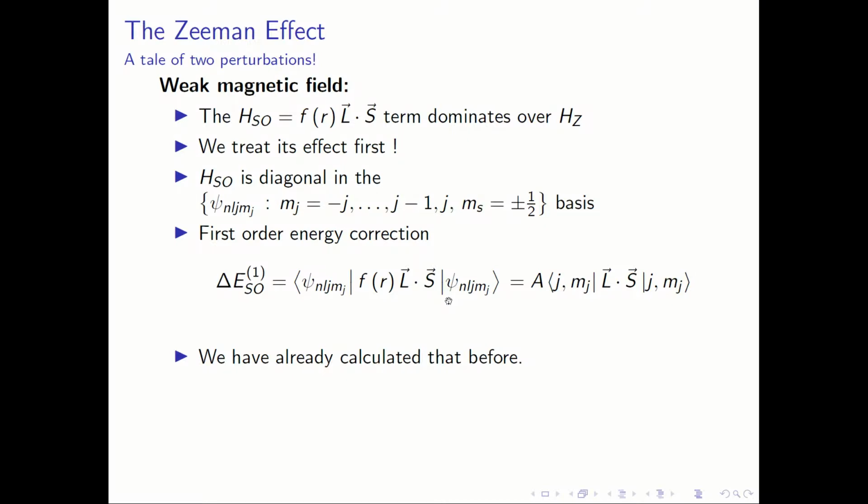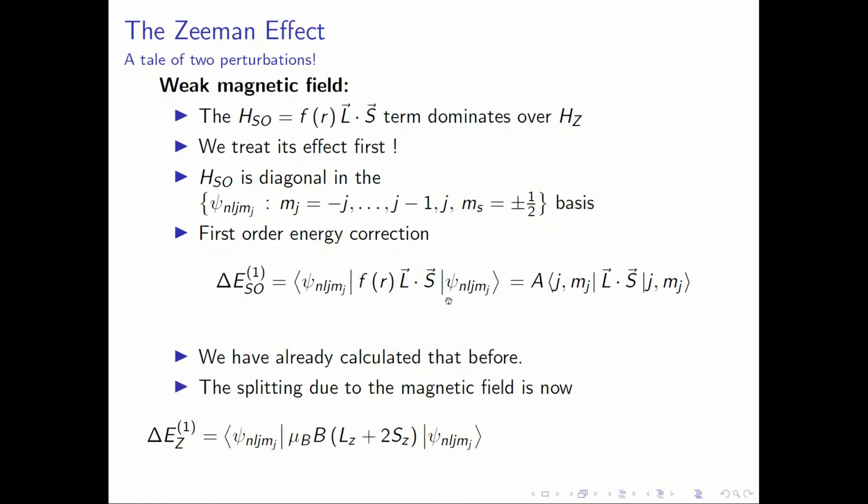We have already calculated this before, so I am not going to go through this calculation again. This is nothing new. This is what we did a while ago when we were dealing with the spin orbit perturbation. But what is important here is that at the end of the day, this gives rise to a splitting of the degeneracy that we had, and unperturbed levels now are ψ_nljmj.